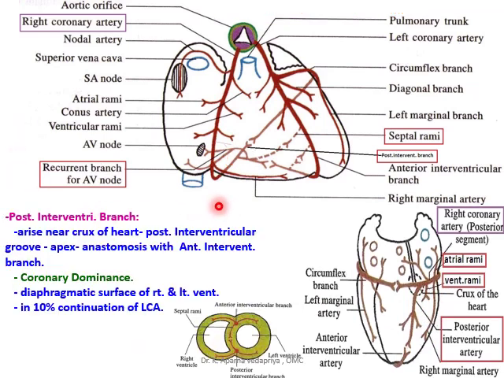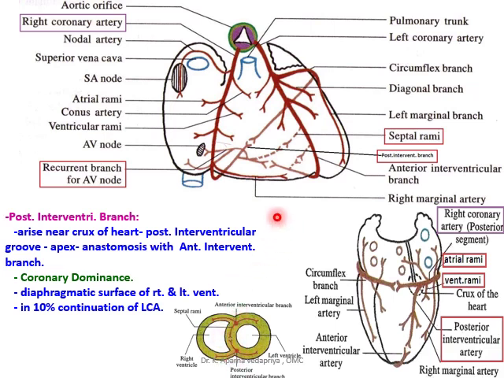So coming to the branches of the second segment, that is the posterior interventricular branch, another branch of the second segment. This posterior interventricular branch gets its name because it is present in the posterior interventricular groove on the diaphragmatic surface, and it also supplies the posterior part of the interventricular septum.